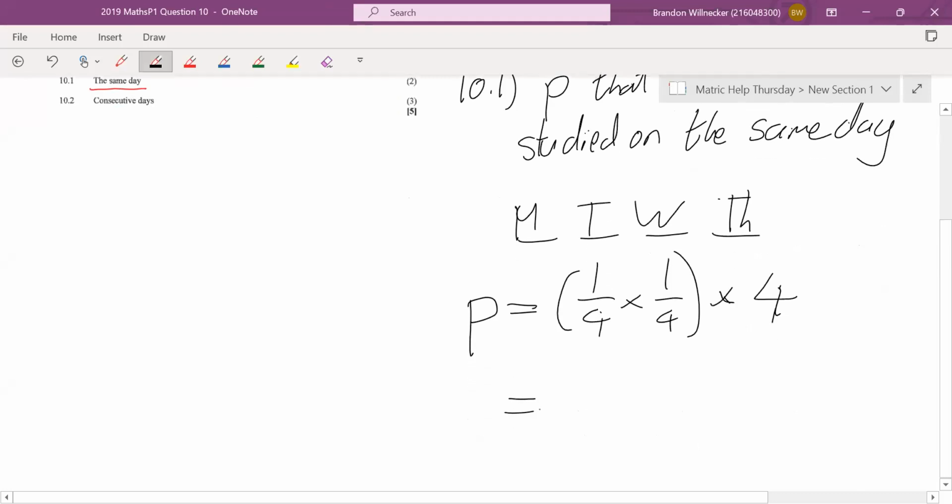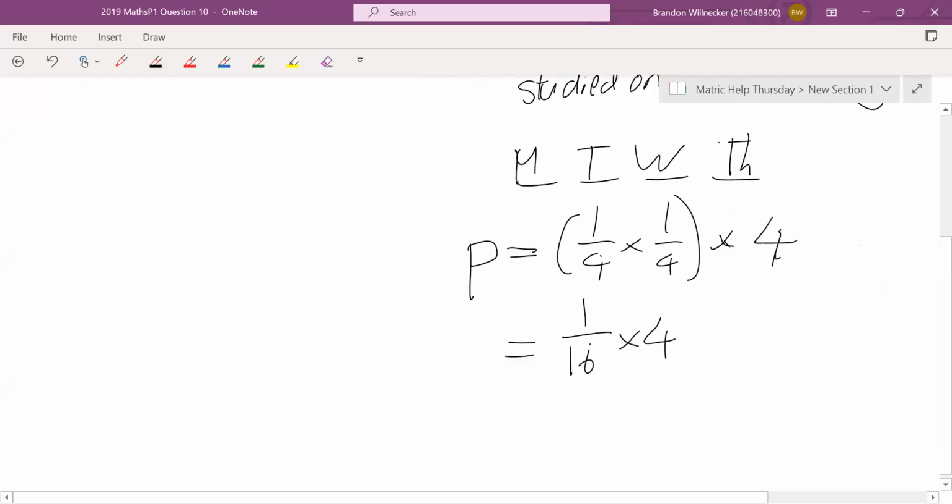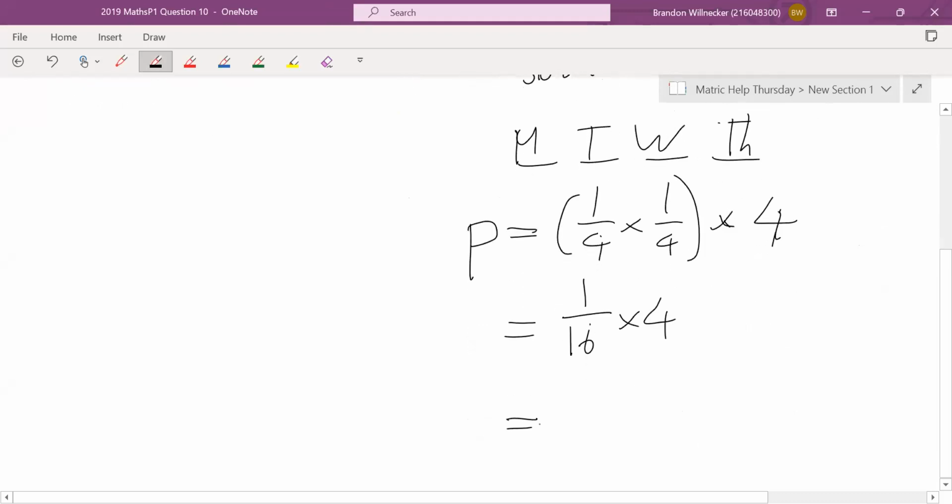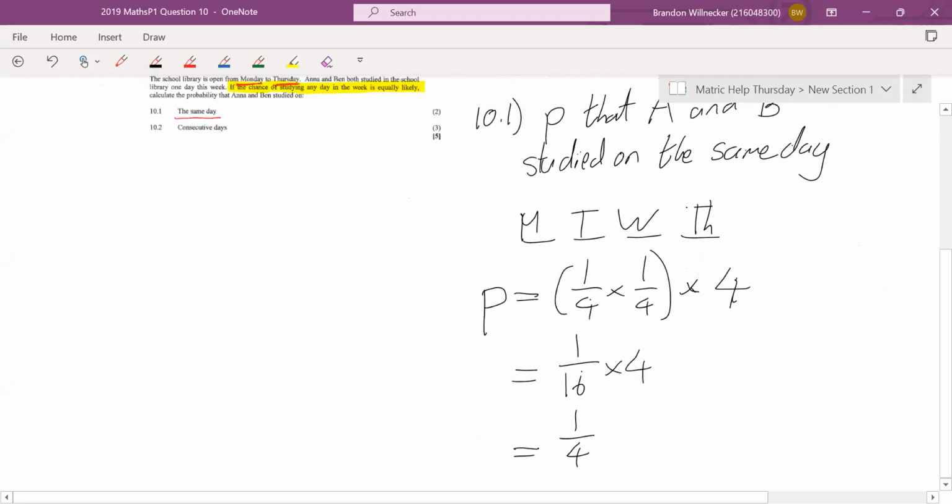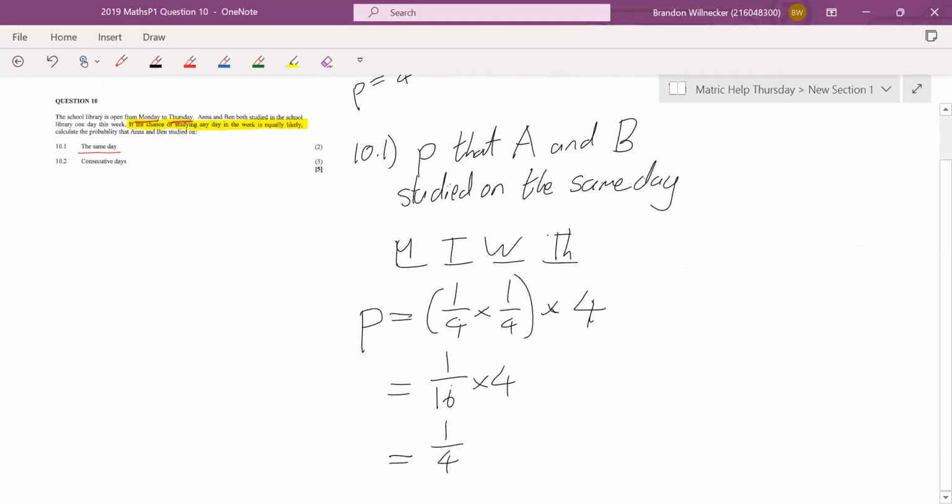So this is going to be 1/16 times 4. That's going to be 4/16. We could reduce that to 1/4. So that's the probability that they both studied on the same day, whichever day that it may be.